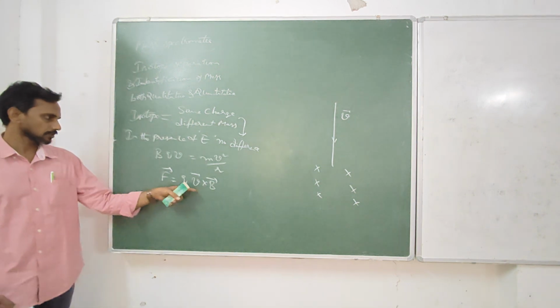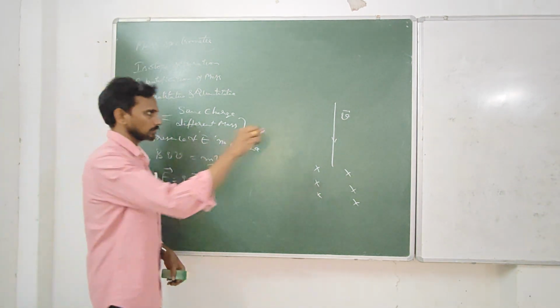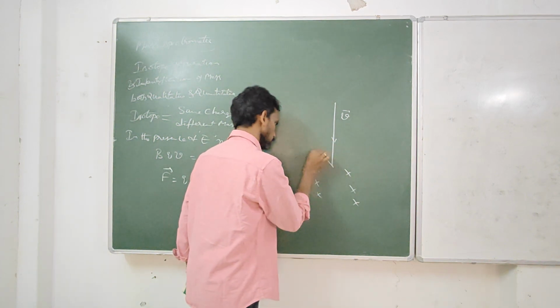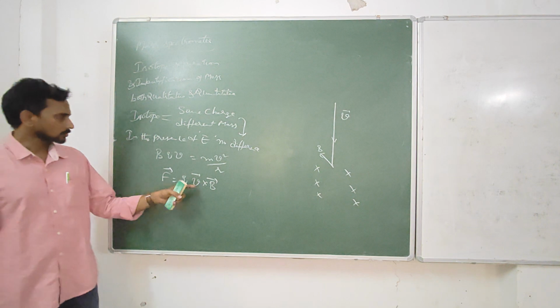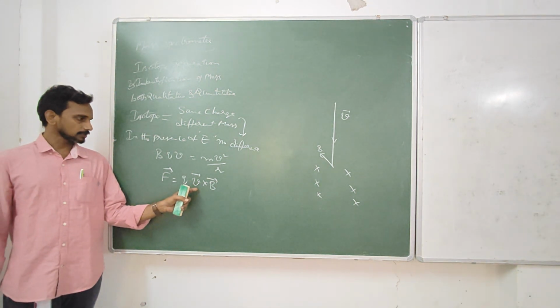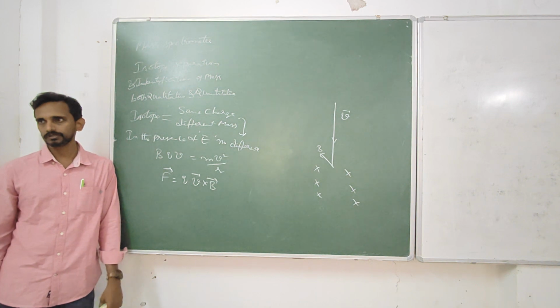So, what is the result of this cross product? You have to use the right hand thumb rule. Velocity is downwards, field is into the board. To calculate the cross product, we have to see the lowest angle starting from the first vector to the second vector.